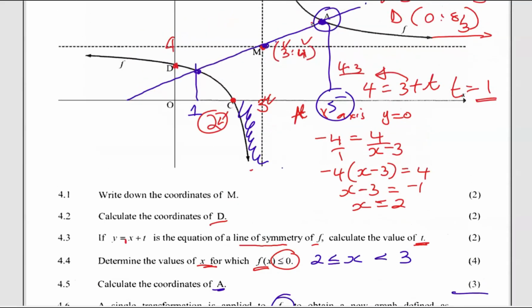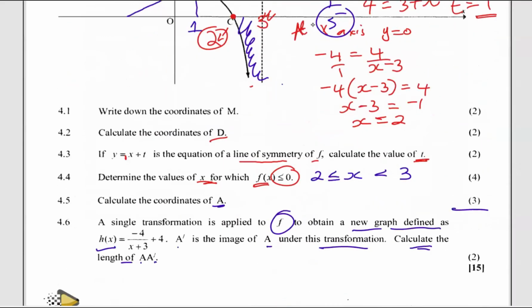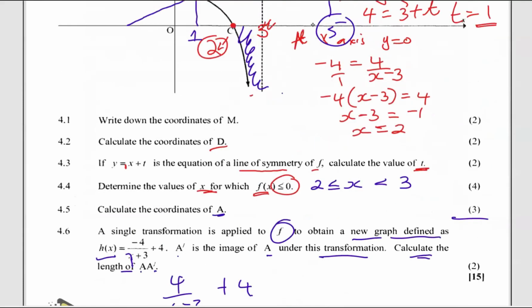So when you look at these two graphs, this is a 4 over x minus 3 plus 4. This is the original. But now this is what we are obtaining afterwards. Then the question is going to be, what happened?